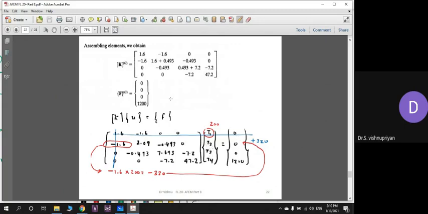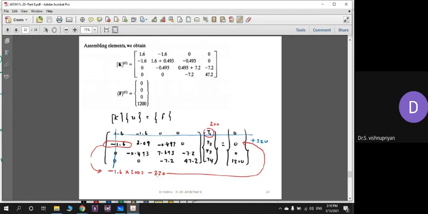F is this. Now, as we did in the fin problem, the temperature is given to be 200, so we remove the first row and the first column. But for the same reasons I explained in the fin problem, here we have minus 1.6, which must be multiplied by that number 200, giving minus 320.